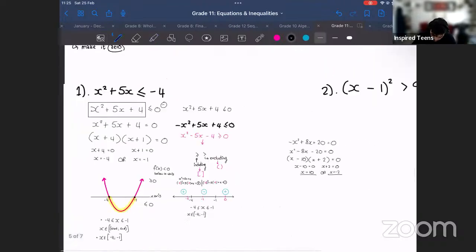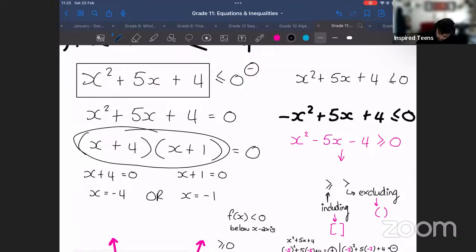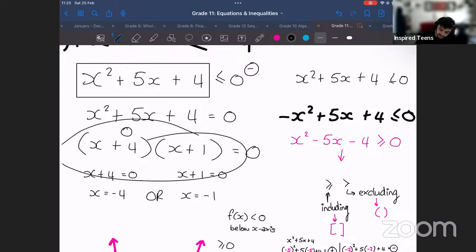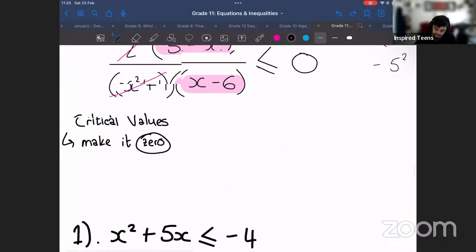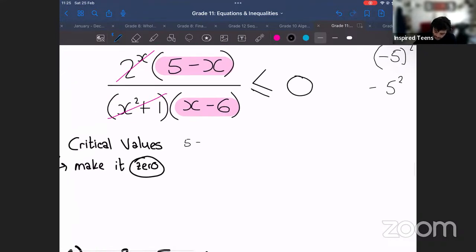Similarly, remember when we solved for this factor, once we factorize the trinomial, we equated both to 0. That's exactly what we're going to do, because if this is 0, everything is 0, and if this is 0, everything is 0. So 5 minus x is equal to 0, negative x is equal to negative 5, x is equal to 5 when I cancel the negatives. X minus 6 is equal to 0, I take 6 over, it becomes positive. So my critical values are 6 and 5.